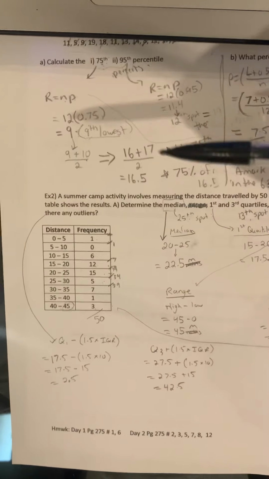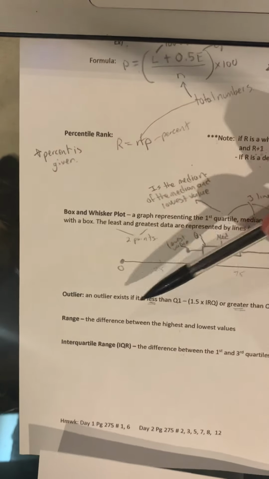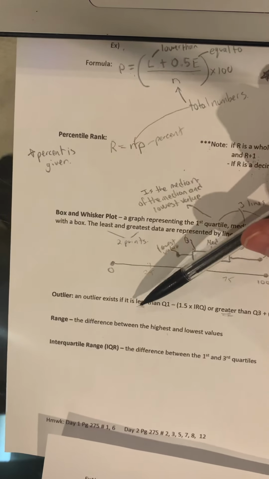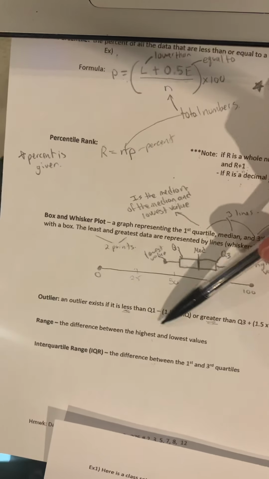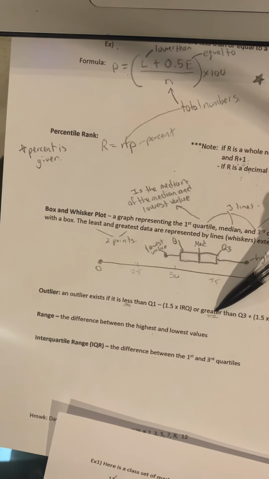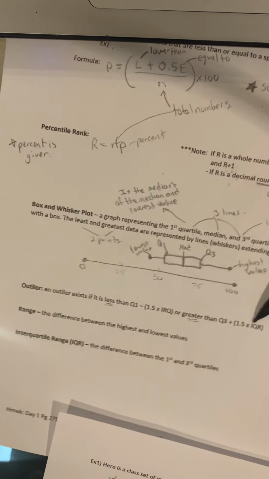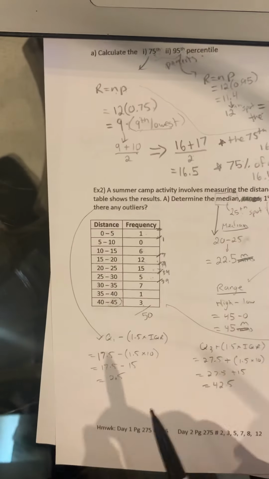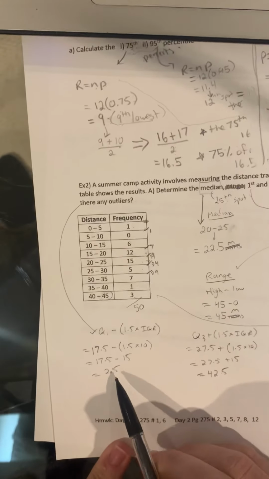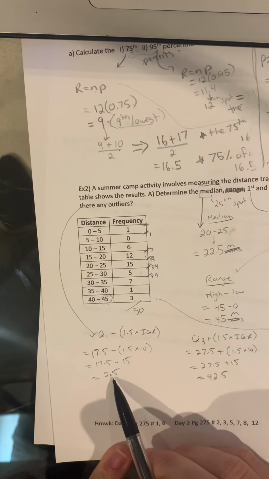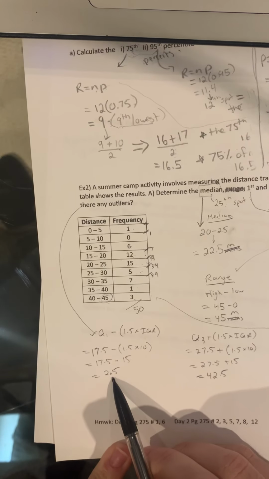So an outlier exists if we have values less than the answer here, or greater than the answer here. So the question is, do we have any values that are lower than 2.5?